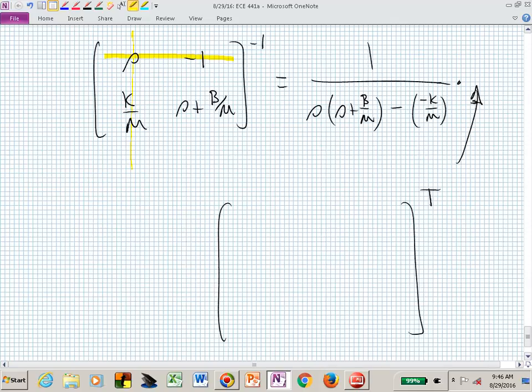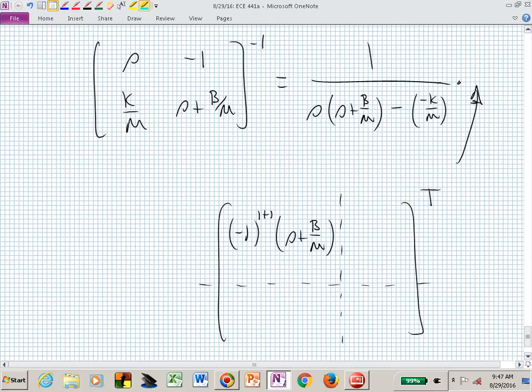That's the 1, 1, and take the determinant of what's left over. That's S plus B over M. But in this cofactor matrix, I need to scale it by minus 1 raised to the 1 plus 1, which was the 1, 1 entry, times S plus B over M. That's the 1, 1 entry in my cofactor matrix.